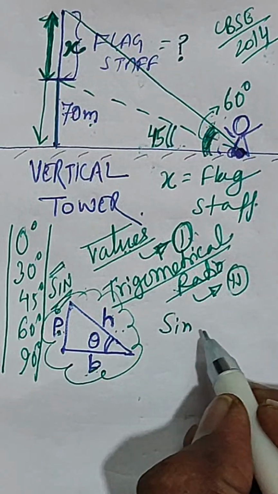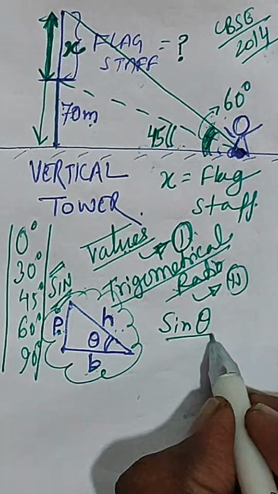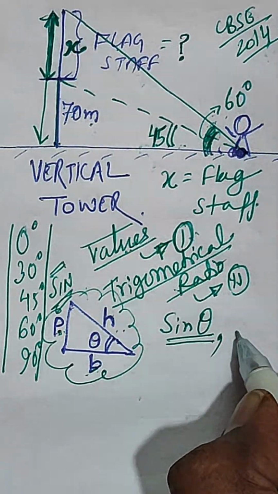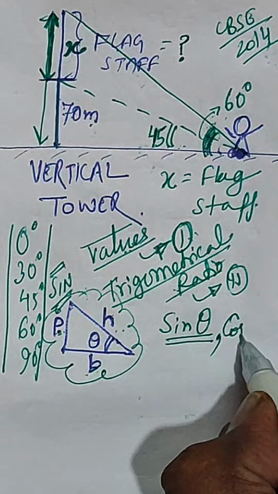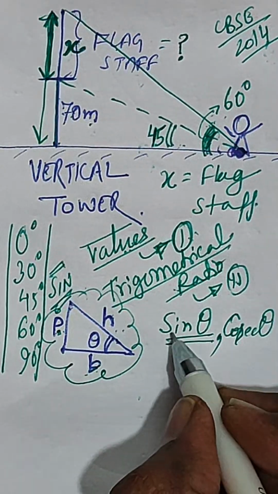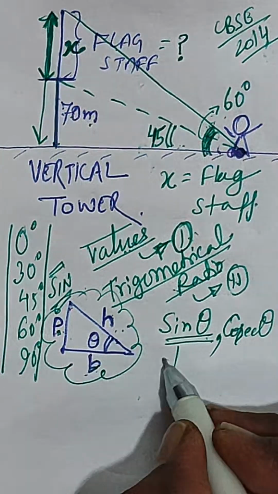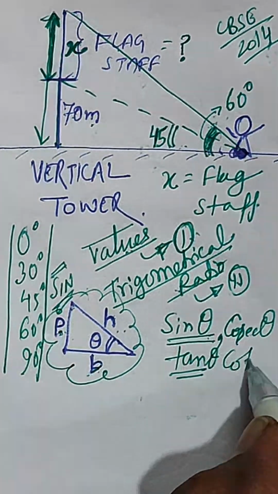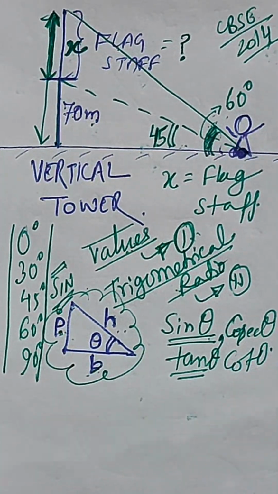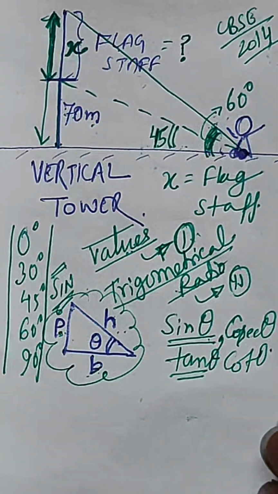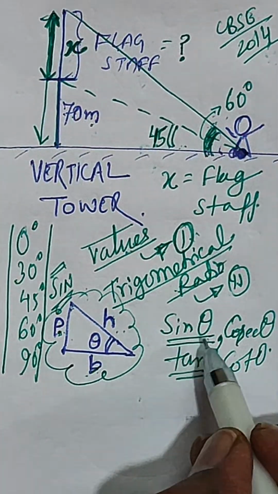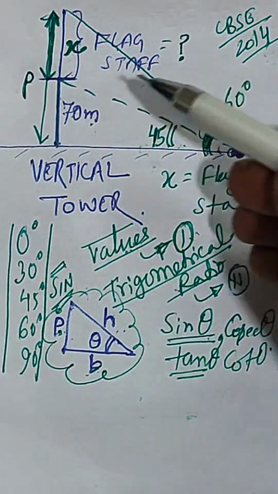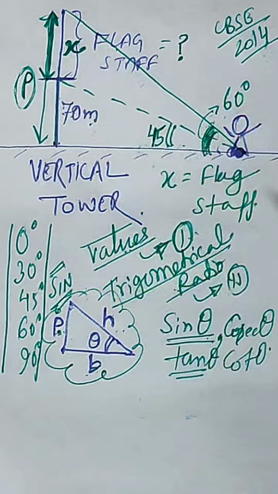The perpendicular comes in the ratio of sine theta, and also the reverse of that, that is cosec, and the perpendicular also comes in tan, and the reverse of it, that is cot. So here, my dear students, we are going to use the perpendicular at least. This is confirmed. The perpendicular will be used for sure.